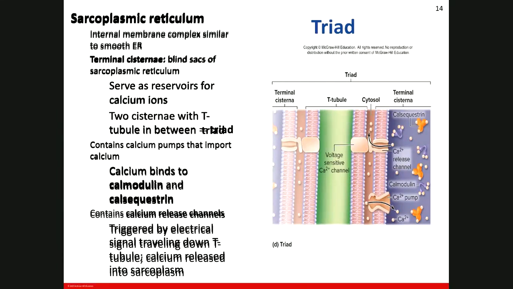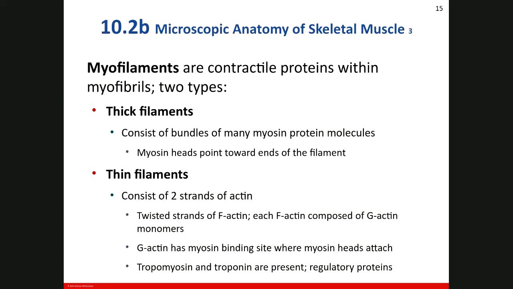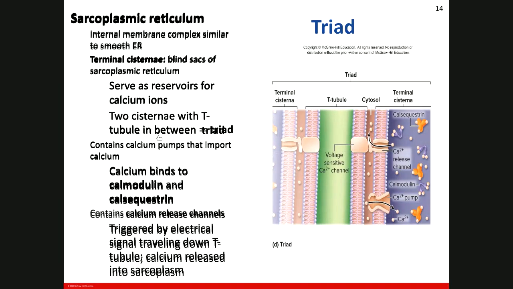We have a specific structure in our muscle fibers, which we call the triad. Now I want to talk about this triad for you. I told you that this is our cell membrane, and we have the T-tubule in our cell membrane. This red invagination is our T-tubule. On both sides of the T-tubule, we have a group of sarcoplasmic reticulum.